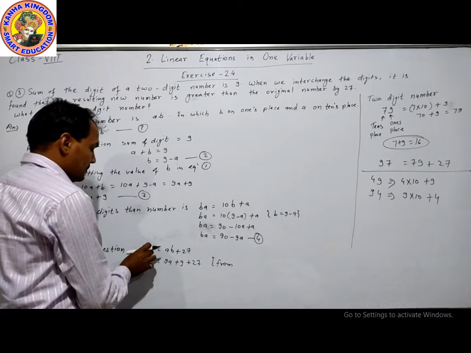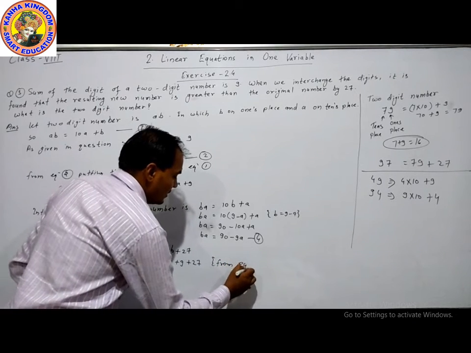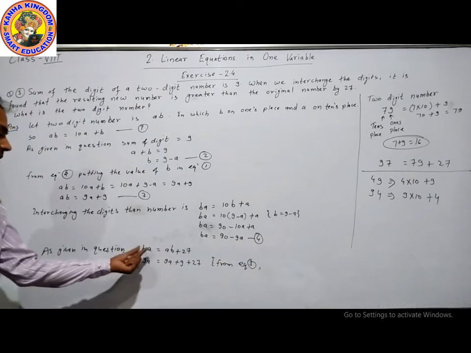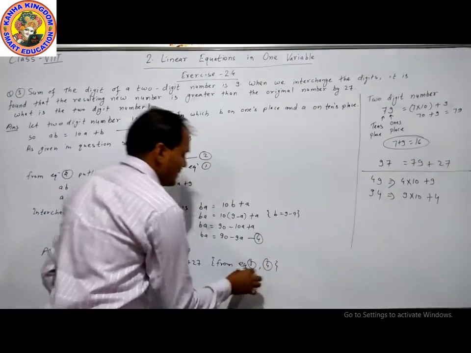The value of AB is from equation 3 and the value of BA from equation 4.